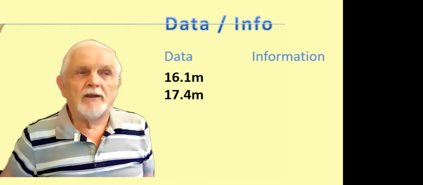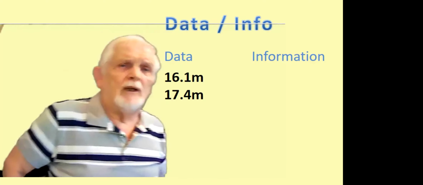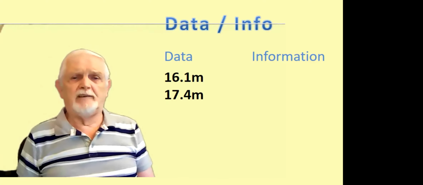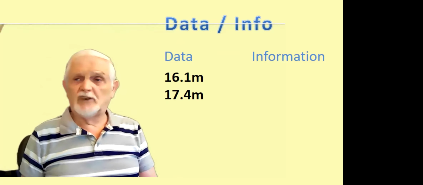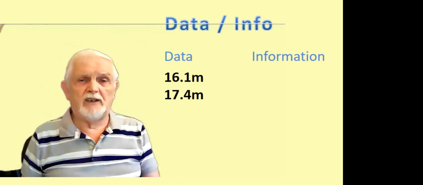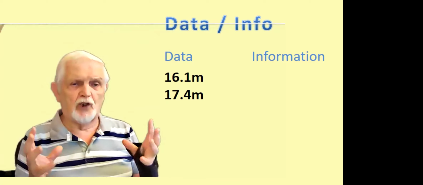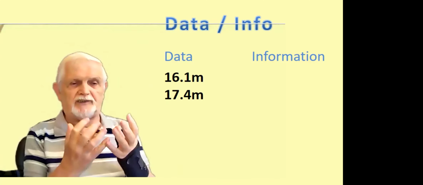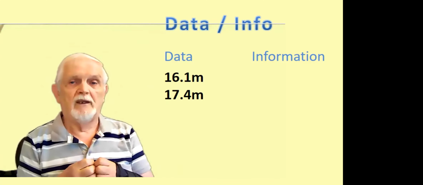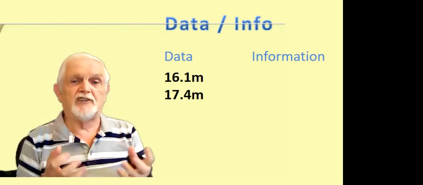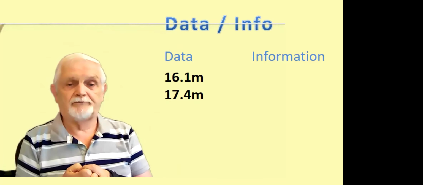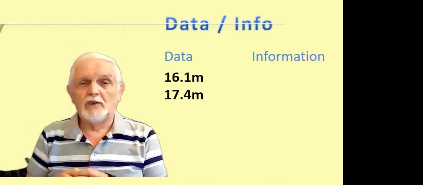Right. Next thing I want to talk about is data and information, which are not the same thing. Data is just the raw accumulation of all your bits or bytes, whatever. And information is what you understand them to mean. So there's an example.